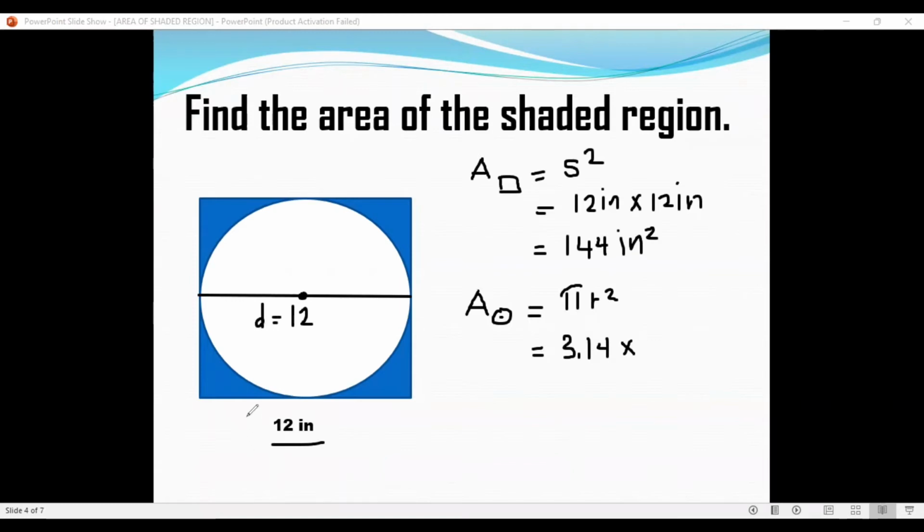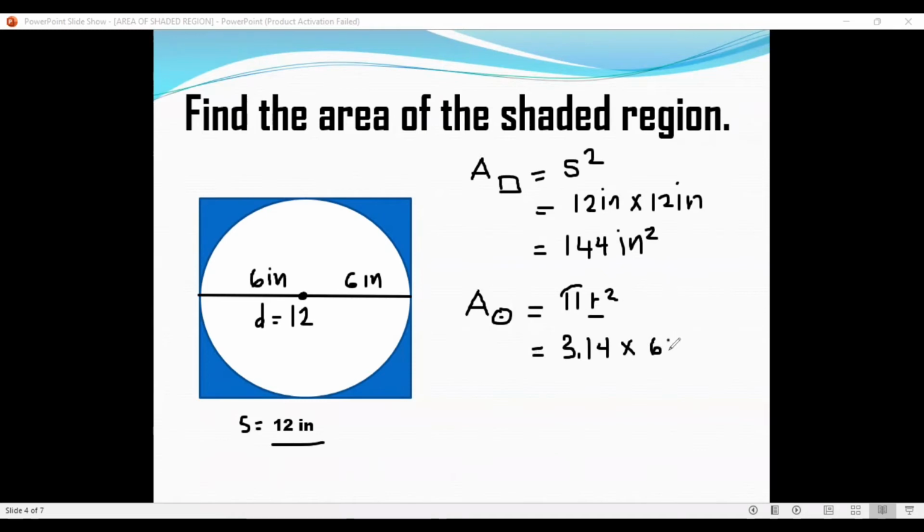While it's also the measure of the side of the square. So the variable that we are looking for is the radius. Therefore, we have to divide the 12 by 2, making that equal to 6. So we are going to substitute 6 inches for the radius and not the 12.